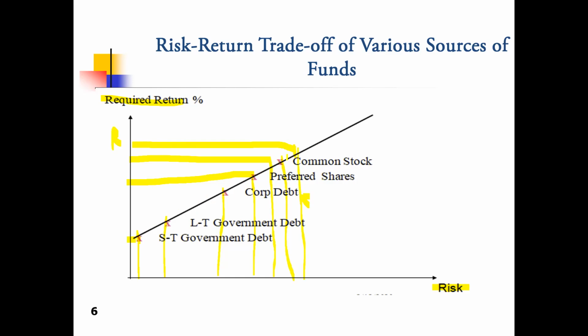But if good things happen, if the profit increases and the company becomes attractive, share prices increase and dividends increase. So if positive things happen, common shareholders have priority to claim more dividends, because they are residual owners.